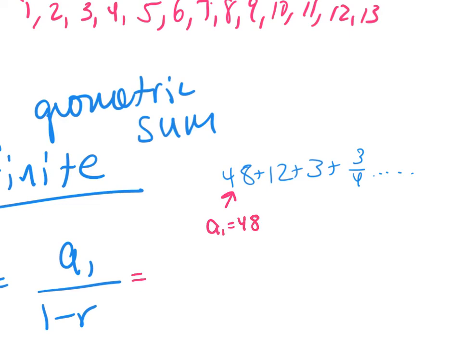Okay. So then my ratio. How do I figure out what the ratio is? You take one of the terms and you divide it by the previous term. So I'm going to take 12 and divide it by 48. 12 divided by 48 is how much? 1/4.